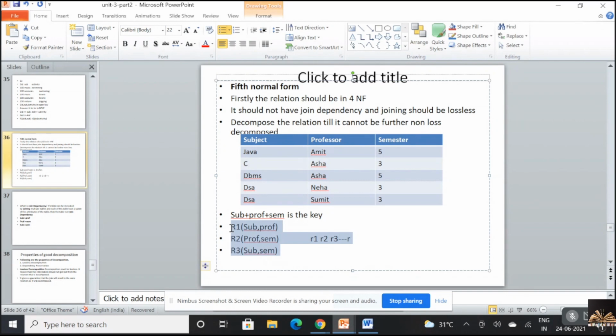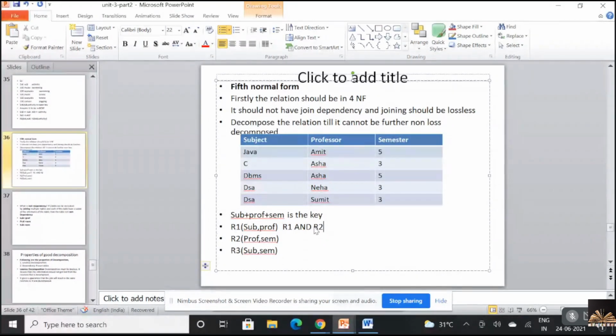Okay, these three pieces of the table R are in 5NF. Now what I have to do here would be, firstly, I'm trying to join R1 and R2.